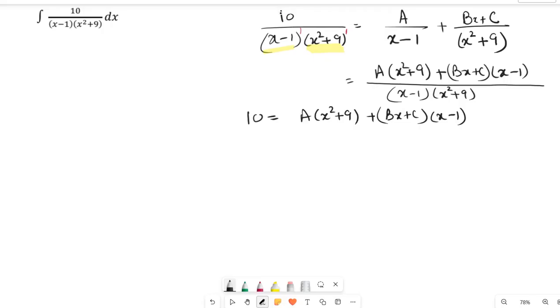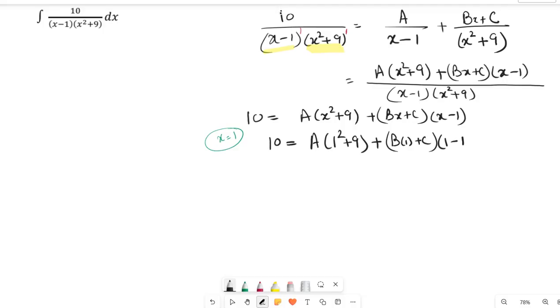Now we are saying that these two fractions should be same for all x. So I can put any x value here. Let's say x is equal to 1. If x is equal to 1, the left hand side is still 10. Right hand side is 1 squared plus 9 plus b times 1 plus c.